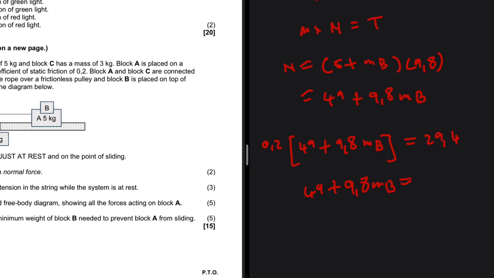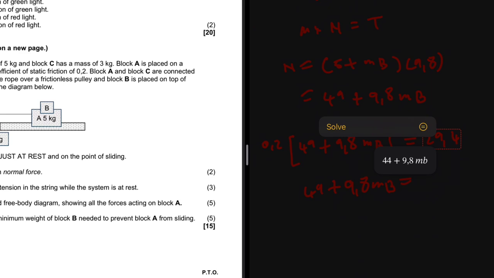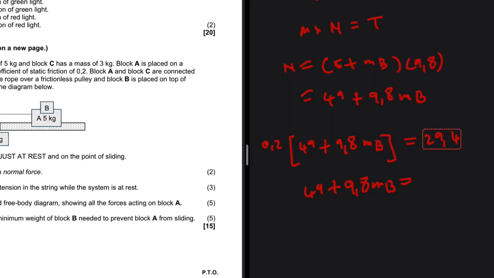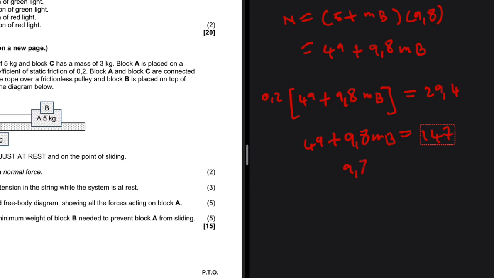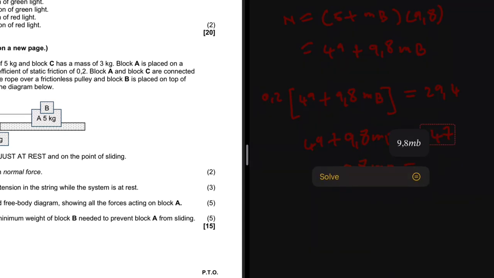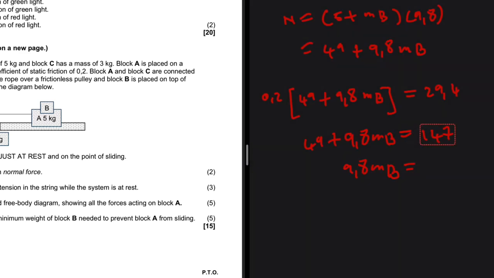When I do that, 29.4 divided by 0.2 is 147. So 9.8 mass of B is 147 minus 49, which is 98. So the mass of B is equal to 10 kilograms.